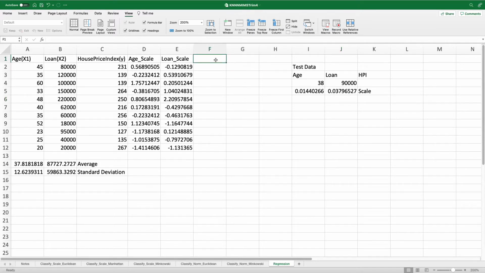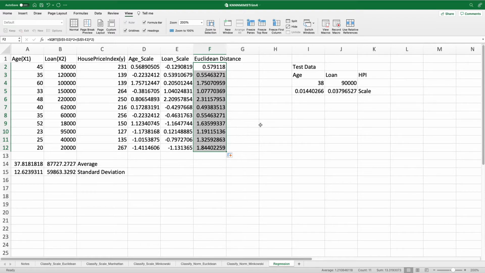Now, Euclidean distance. Euclidean distance is equal to SQRT, open two brackets, fix the y2 minus y1 to the power of 2 plus open bracket x2 minus x1 to the power of 2 close bracket, and double click.